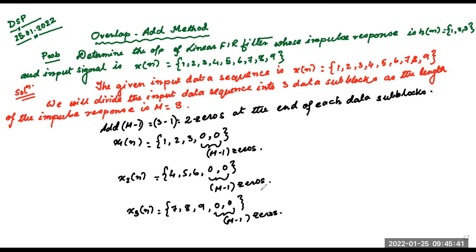So this is the difference between the overlap add method and the overlap save method.